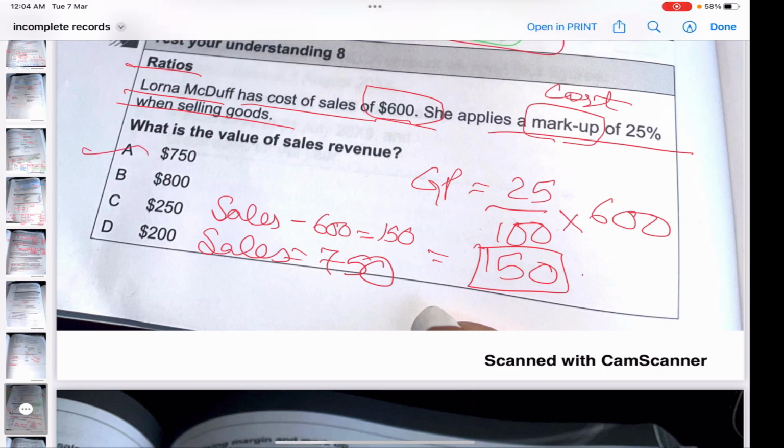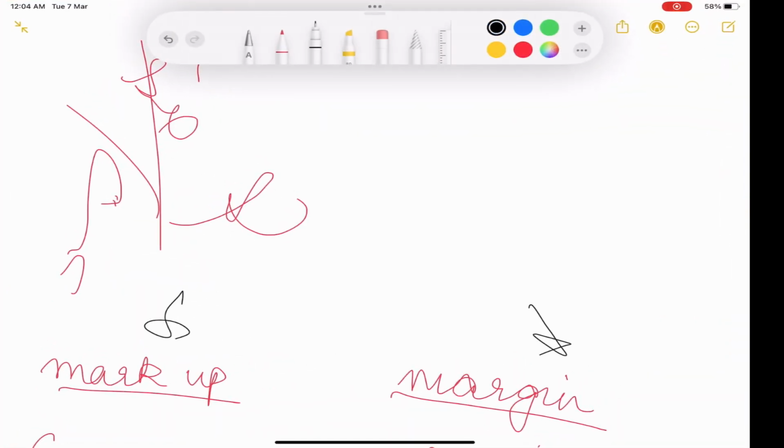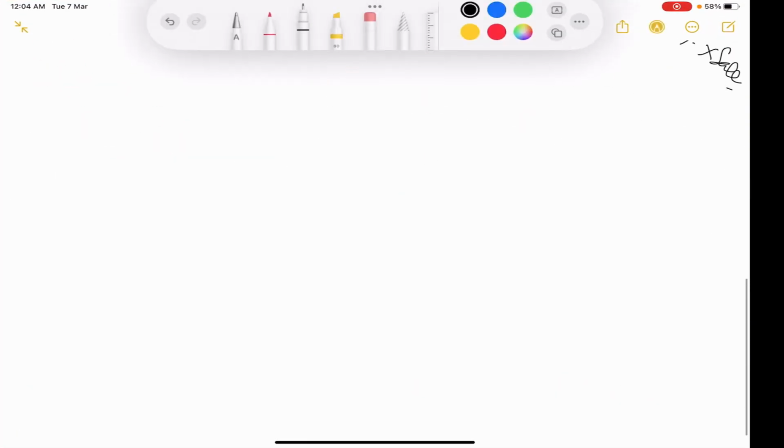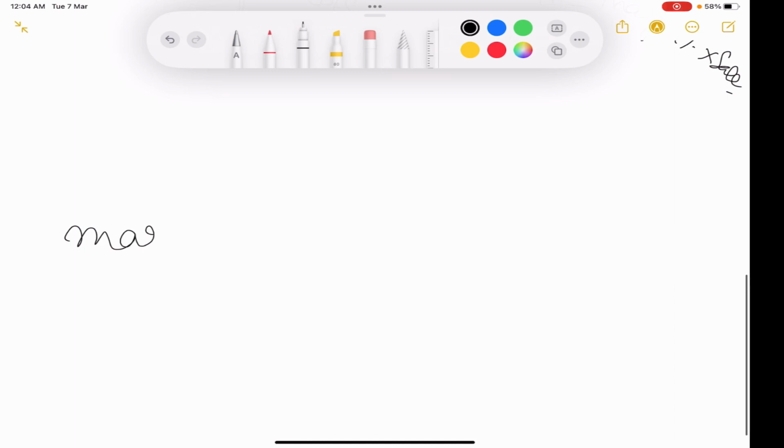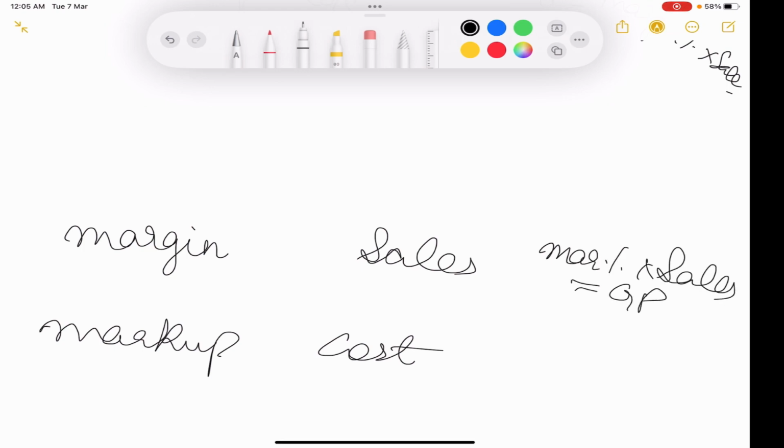Very simple. That's very easy. Don't use the book formula. They have complicated things for no reason. Margin is always on sales. Markup is always on cost. Margin percentage into sales will give you GP.